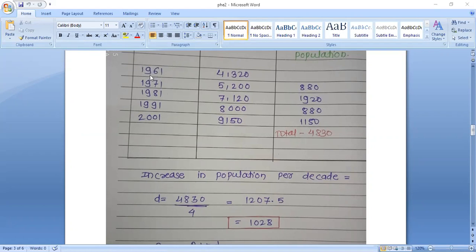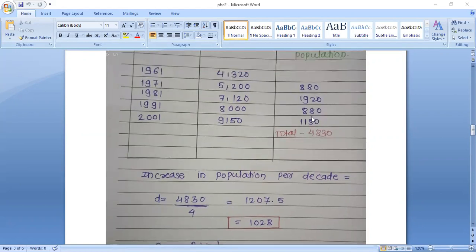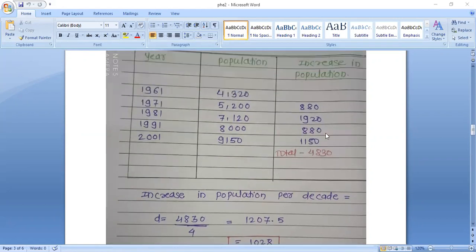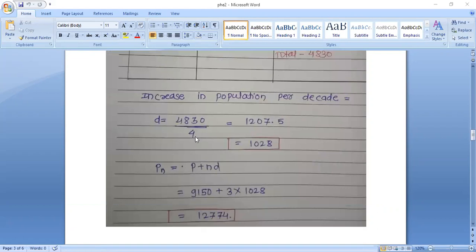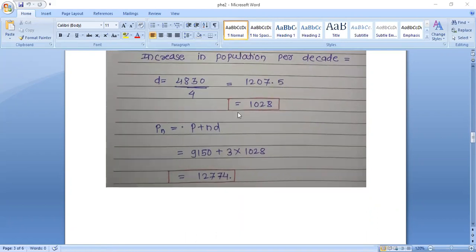There is no increase in population for 1961, hence the total of the increase in population is 4,830, divided by the number of decades, that is divided by 4, and the answer is 1207.5, that is approximately 1208.